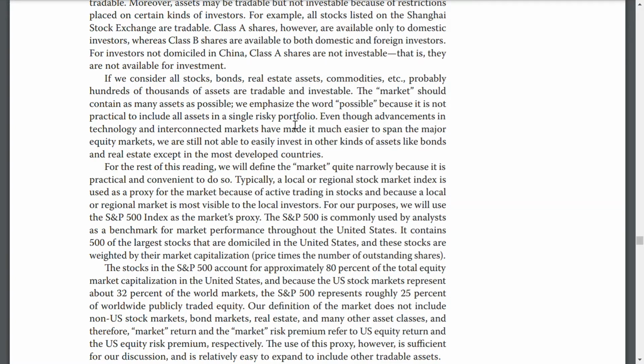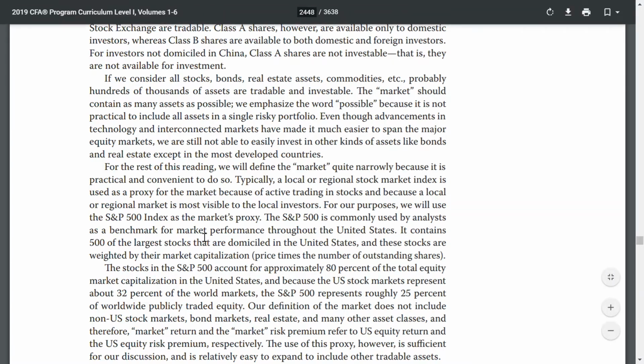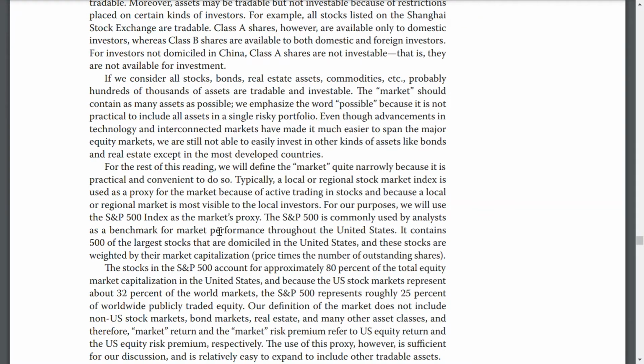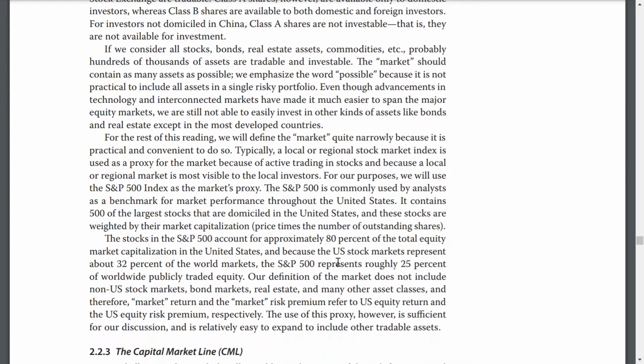For the rest of this reading, we will define the market quite narrowly because it is practical and convenient to do so. Typically, the local or regional stock market index is used as the proxy for the market because of active trading in stocks and because a local regional market is the most visible to local investors. For all purposes, we will use the S&P 500 index as the market's proxy. The S&P 500 is commonly used by analysts as a benchmark of market performance throughout the U.S. It contains 500 of the largest stocks in the United States, and the stocks are weighted by market capitalization.